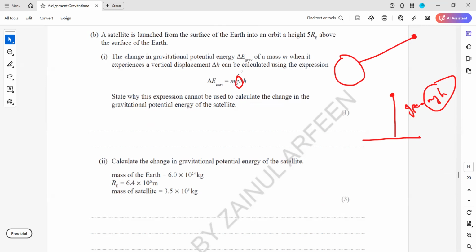Relative to the Earth's surface, the value of g at this point was 9.8 and here it is also 9.8, so it is the same when it is moving a short distance. But when we compare the movement with reference to the Earth, gravity is not constant. Gravity here is 9.8, but gravity here is less than 9.8.